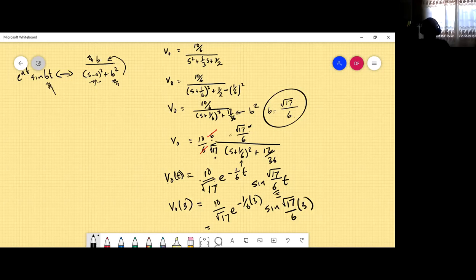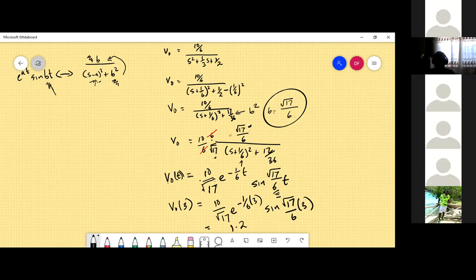Find the sine of that. Times 10 divided by root 17 times exponential minus 0.5, and I get 1.297 volts.